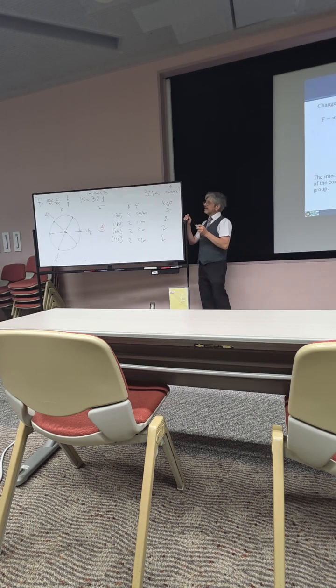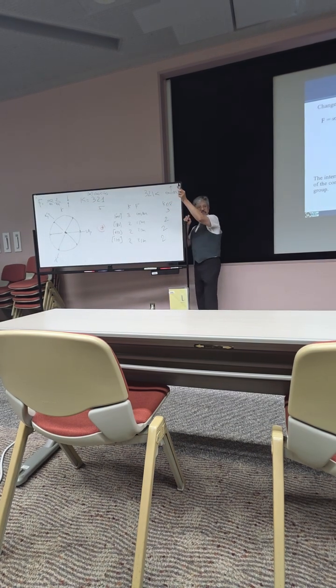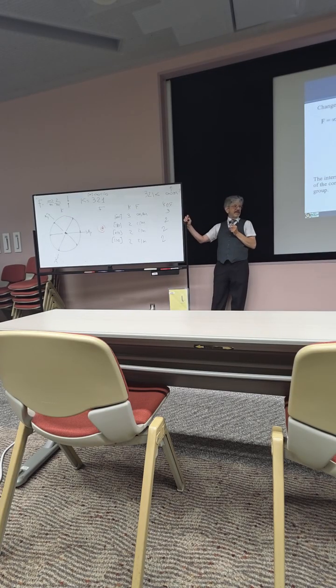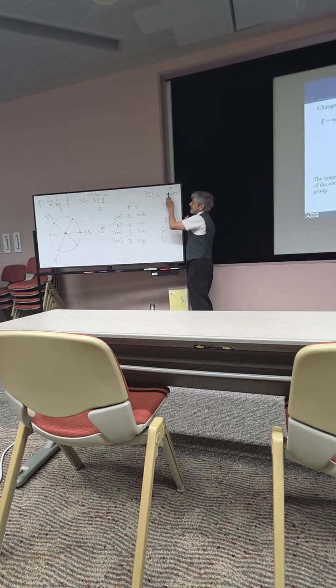Subgroup means it must have fewer operations than this, but nothing more. No, because 3 is lower than infinite, but I have 2 rotation axes that do not appear here. So this is not a subgroup.